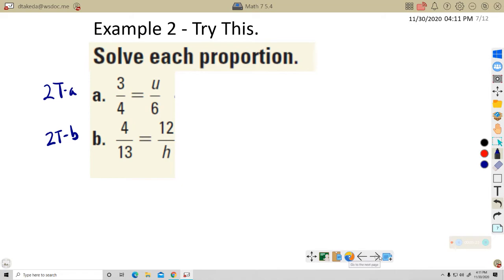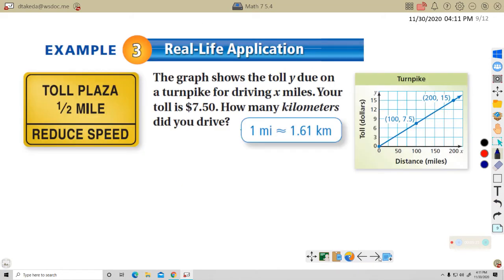Pause the video if you need to, and let's take a look at this real-life application here. The graph shows the toll y due on a turnpike for driving x miles. Your toll is $7.50. How many kilometers did you drive?